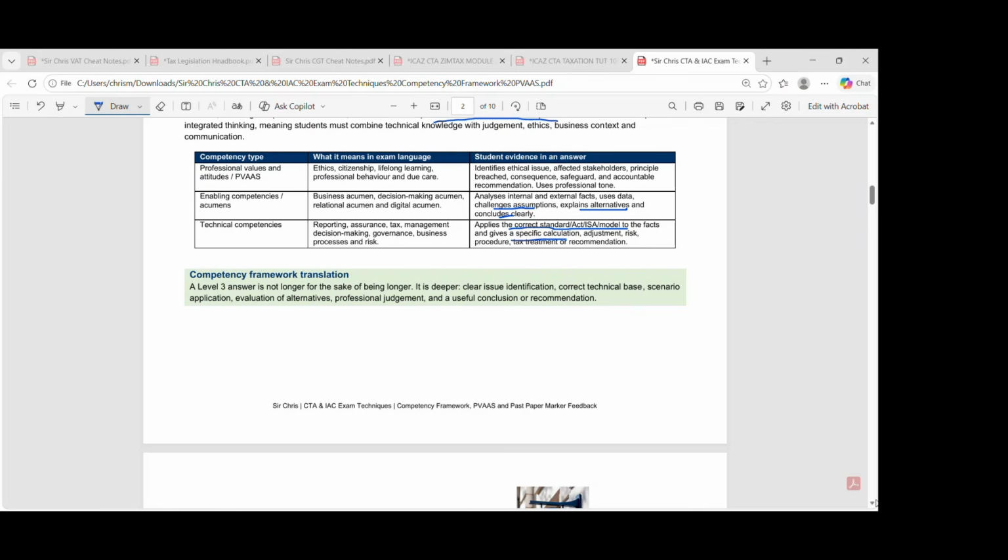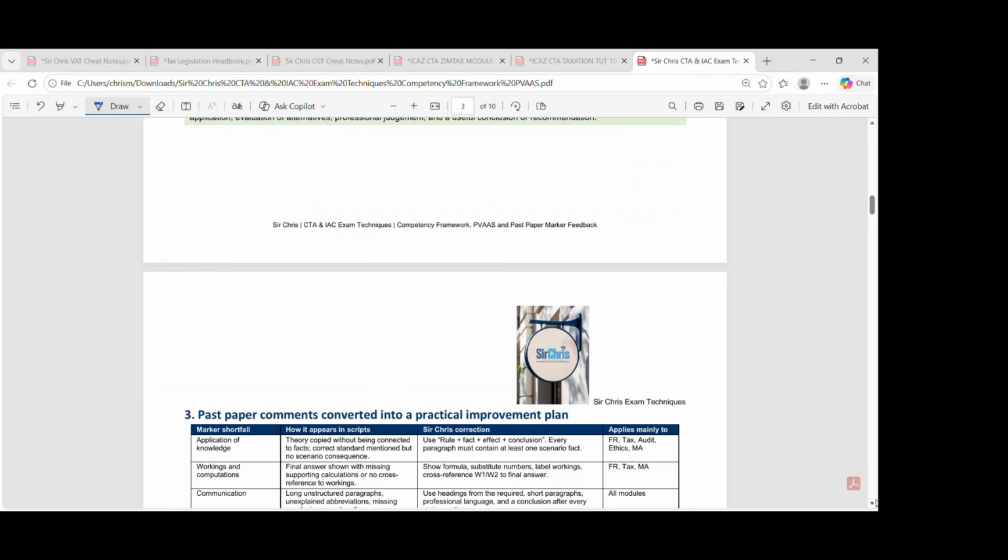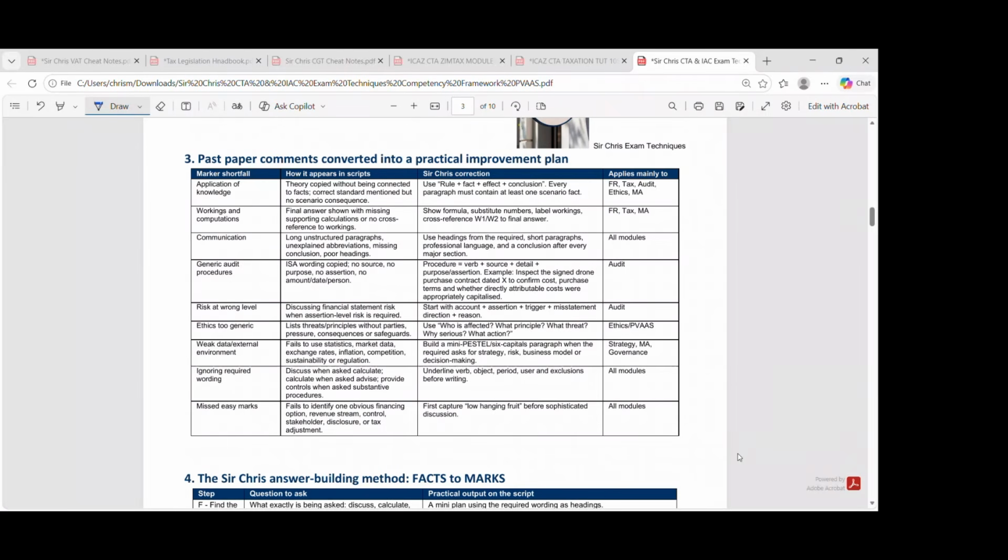So mostly I always argue, students do not fail because of the knowledge in past paper accounts. No, it's about the knowledge gap. So most students run into a knowledge gap.